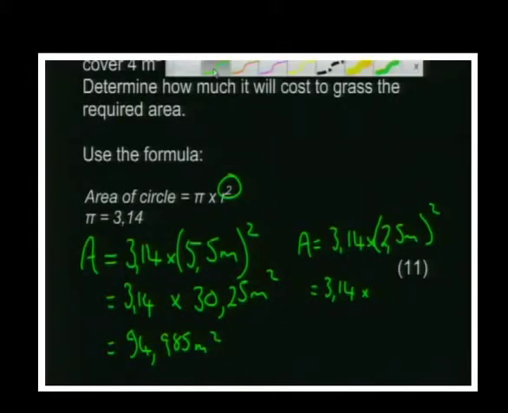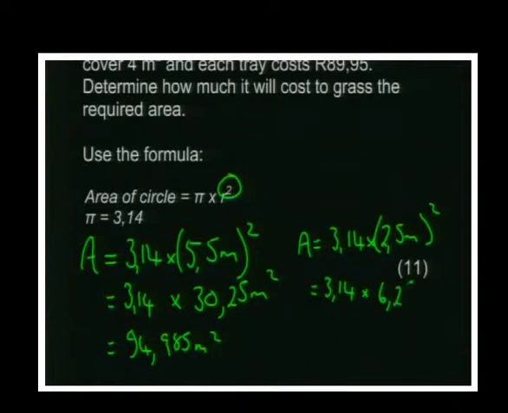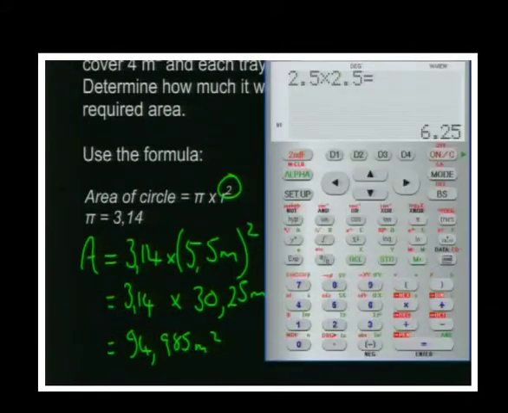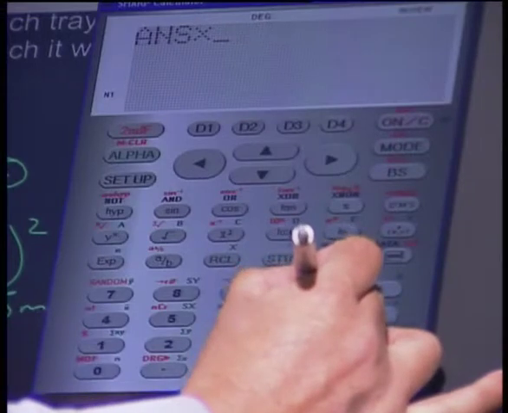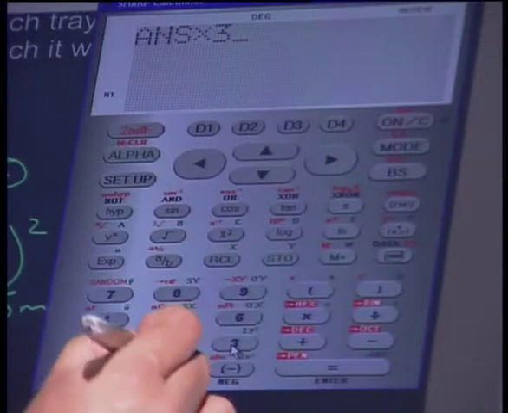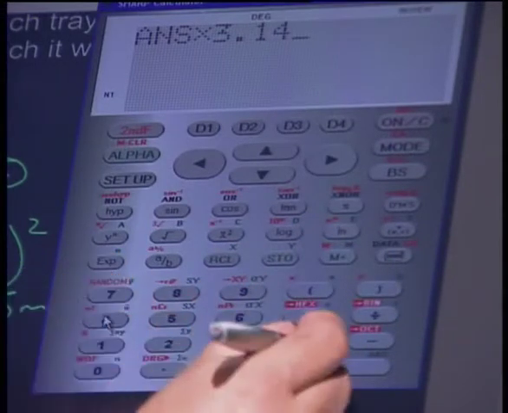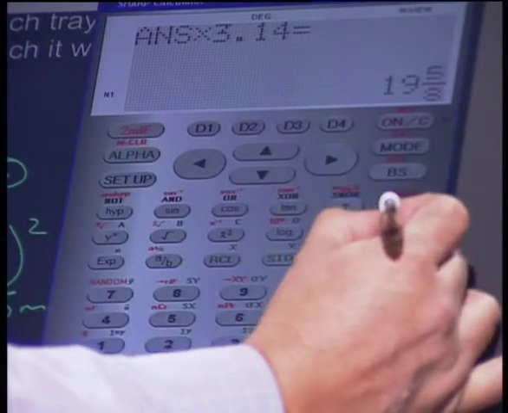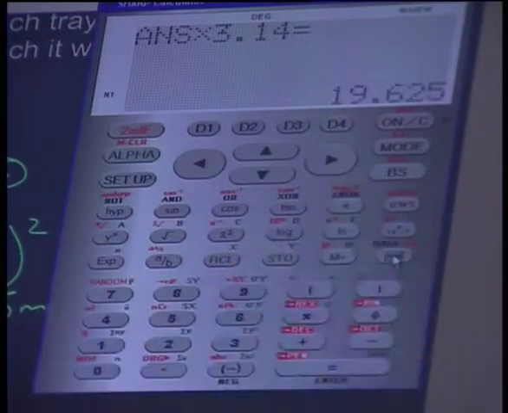So equals 6.25 meters squared. We haven't finished. We still got to multiply it by 3.14. So again, on our calculator, there's our answer, times 3.14 equals, and my answer is going to land up being 19.625.